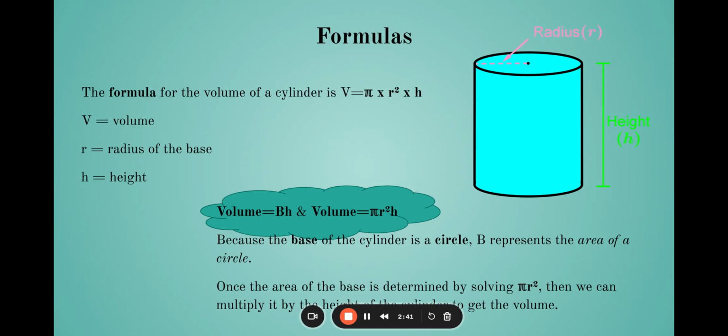And because the base of a cylinder is a circle, this big B stands for the area of a circle. So we're just replacing the big B with pi r squared. And once the area of the base is determined, then we can just multiply it by the height, and this will give us the volume of our cylinder.